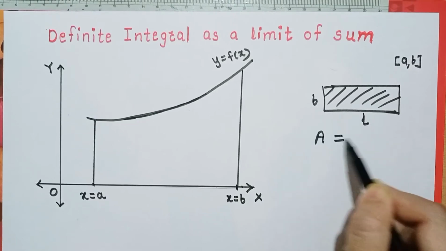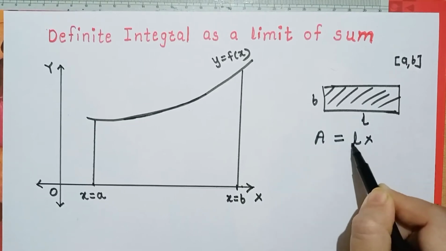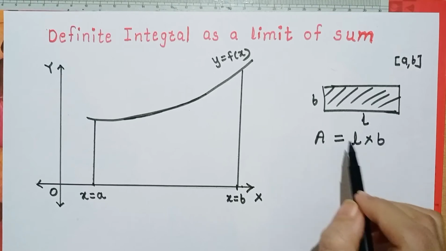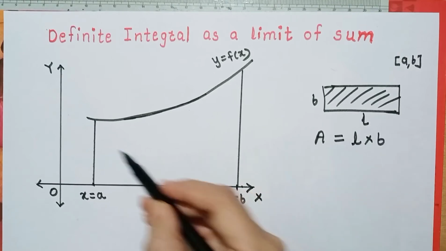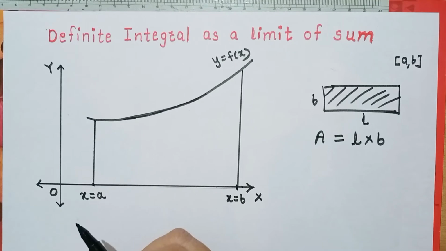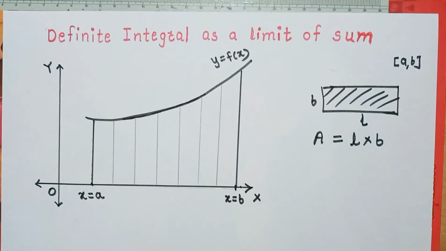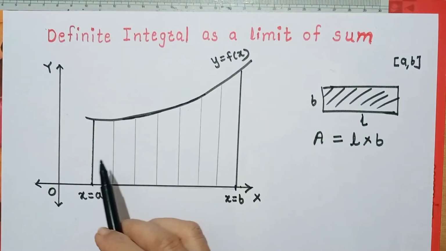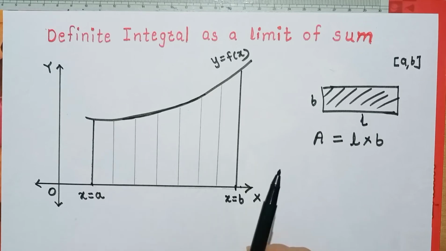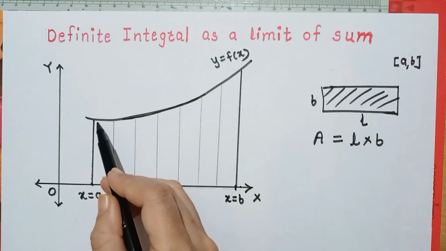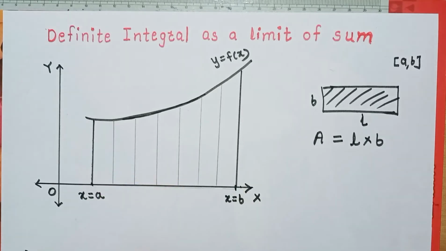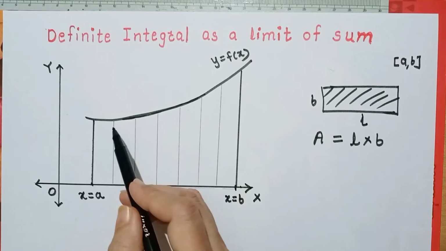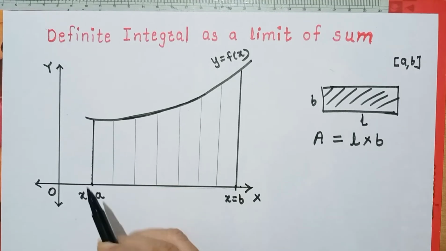So area is equal to length multiplied by breadth. We will use this formula and find out each rectangle's area. So consider there are n rectangles and we will find out the area of each rectangle. So we need length and breadth also.